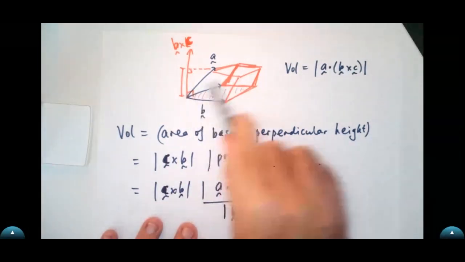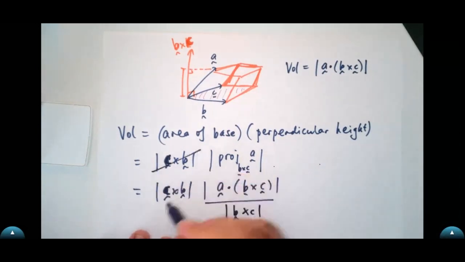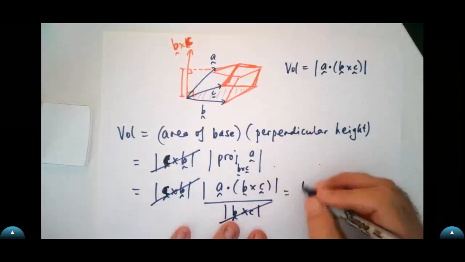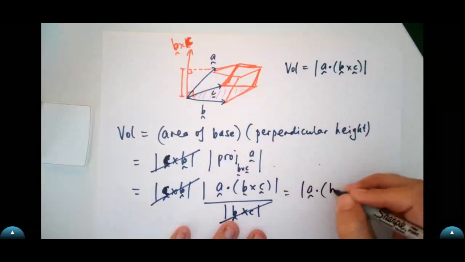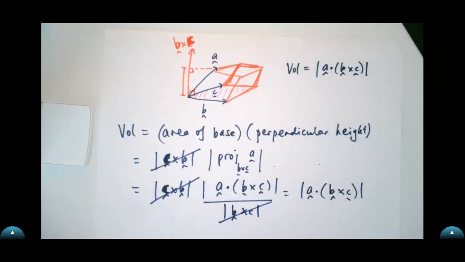It's the bottom two vectors. Technically I should have those the other way around, but it's the length, so it doesn't really matter. So that's where it comes from.